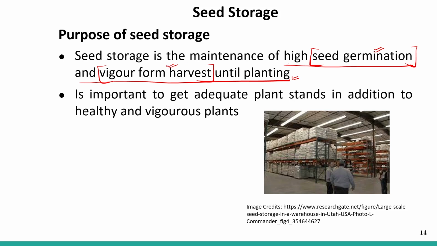Okay, so the seeds are in a good condition when they are harvested, suppose, but they should not lose their vigor, they should not lose their seed germination capacity after the seed storage. So that method we should adopt for the seed storage. So that is very important. It is important to get an adequate plant stand in addition to healthy and vigorous plants.